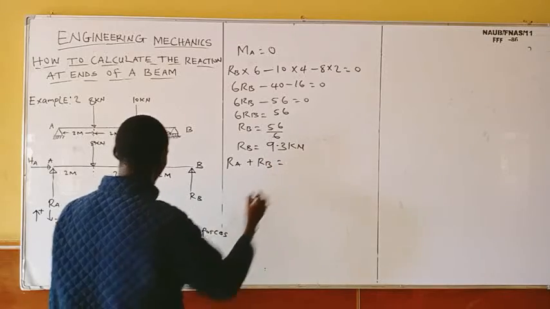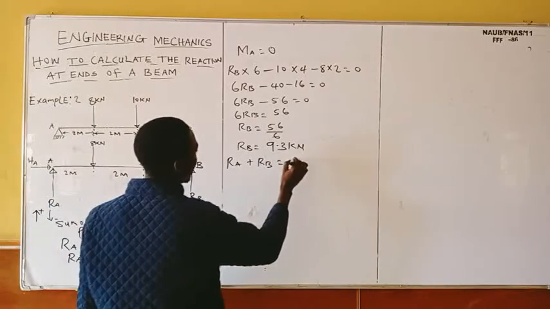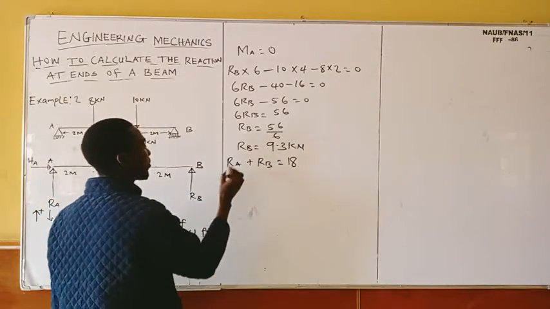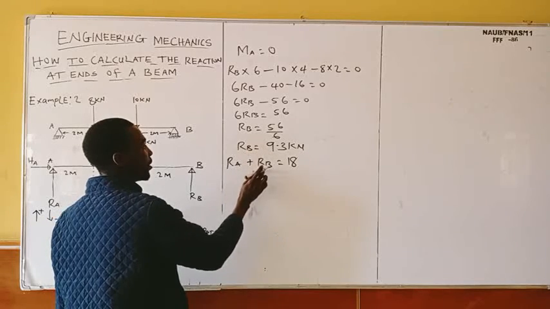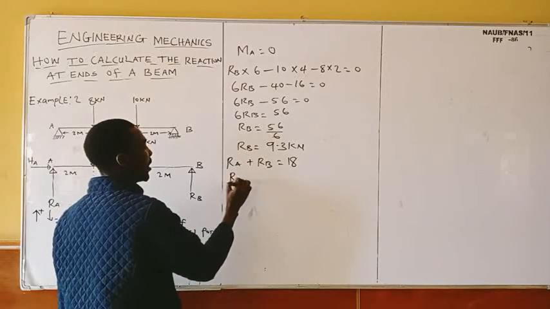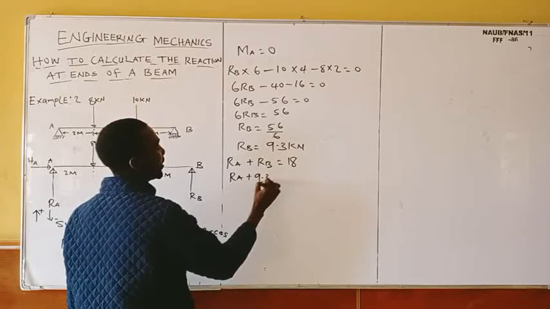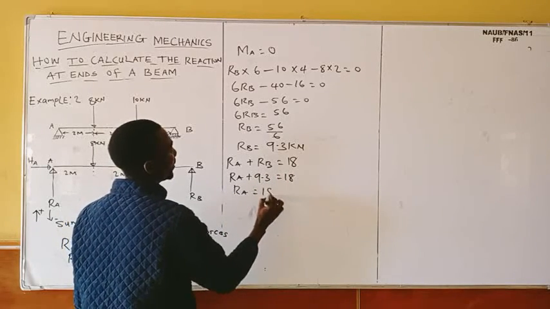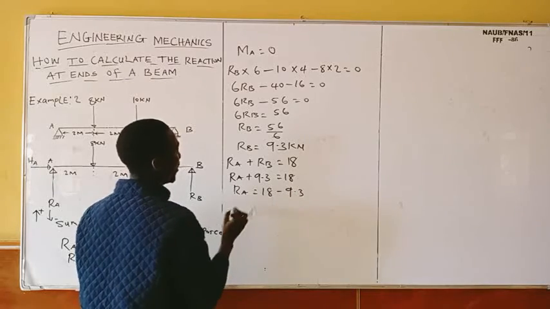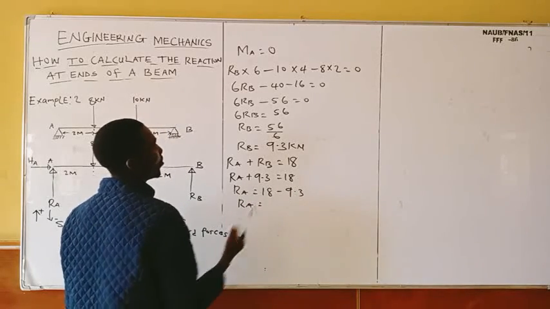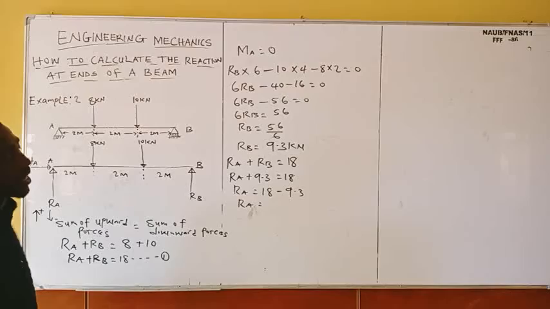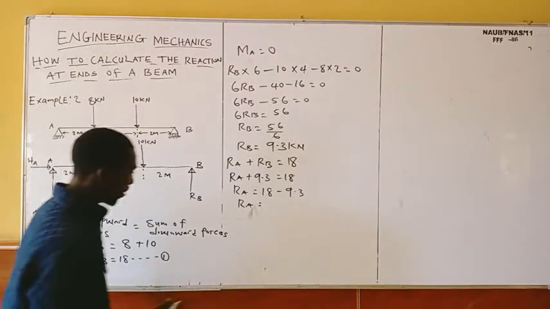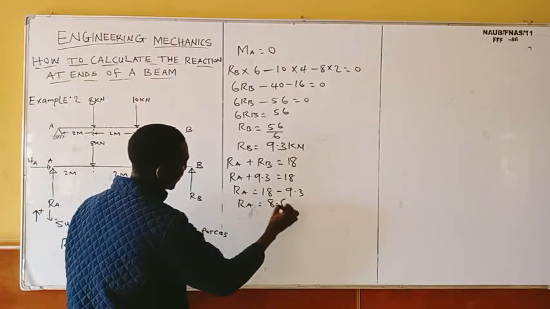RB is equals to what? 18. So now, and my RB is what? 9.3. So it means RA plus 9.3 is equals to what? 18. So RA is equals to 18 minus 9.3. So RA is equals to, if you subtract this, you are going to have 8.67 kilonewton.